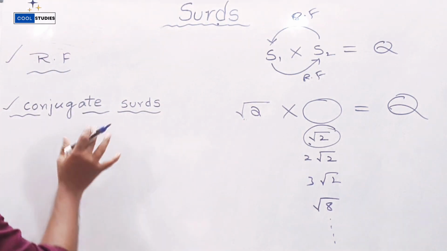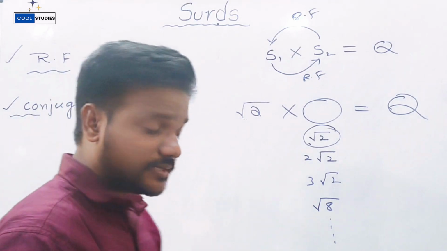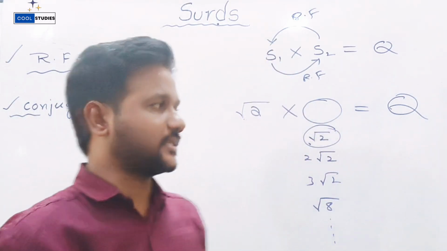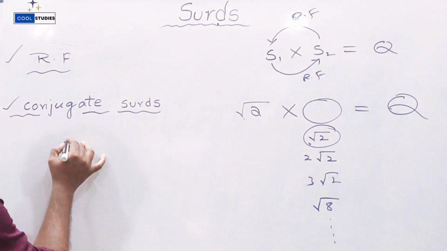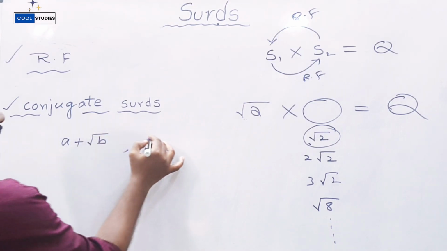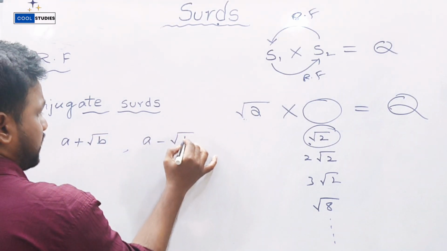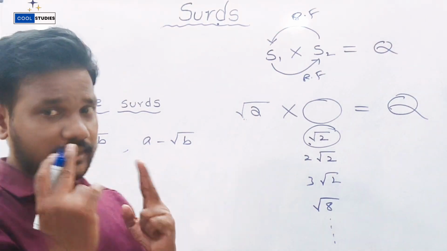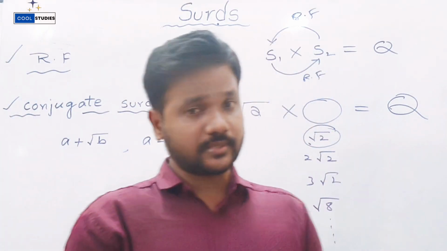The next one, conjugate surds. What is the meaning of conjugate surds? Let us take an example: a plus root b, and a minus root b. I consider these two surds.